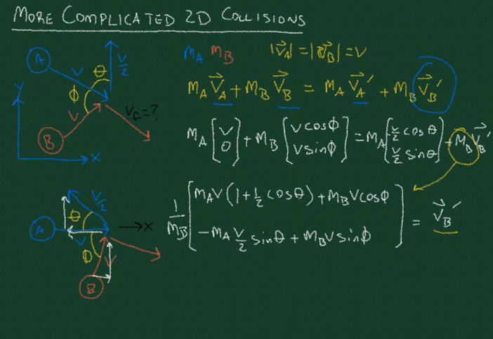We have one that's positive and one that's negative. And so again, we could have our velocity for B happen to be like this. It depends on whether or not this term is bigger than this term. And so that's going to really depend on the sine of theta and the sine of phi. And so this does give us the right answer. So everything checks out, so we can see that this is correct, and this is exactly the answer that we should have.